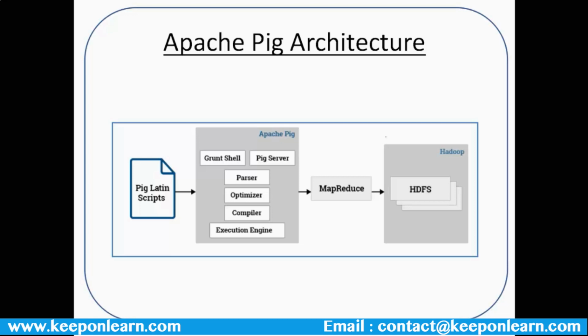The next thing is going to be the compiler. What I mean by compiler here is whatever Pig scripts we wrote here will be compiled, which means we are going to convert them into a number of MapReduce programs based purely on your script.